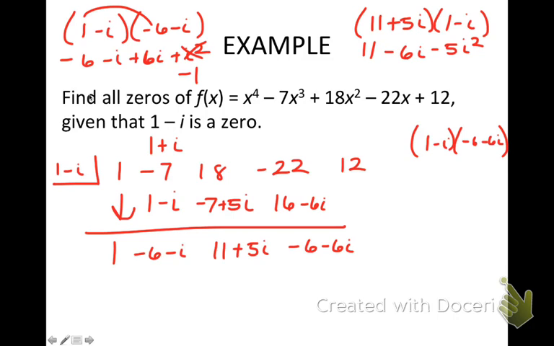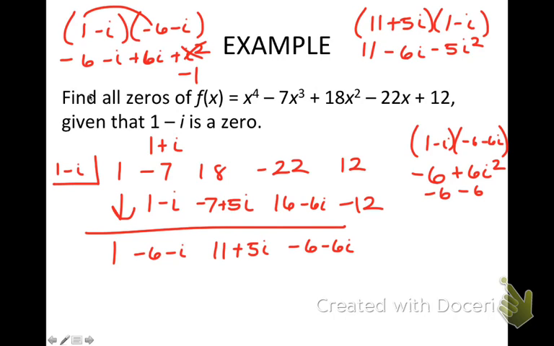If we check it, negative 6 times 1 gives a positive 6i and a negative 6i, which will go to 0. And then we get a positive 6i squared, which would go to negative 6, and a negative 6 makes negative 12, so it would just be 0.